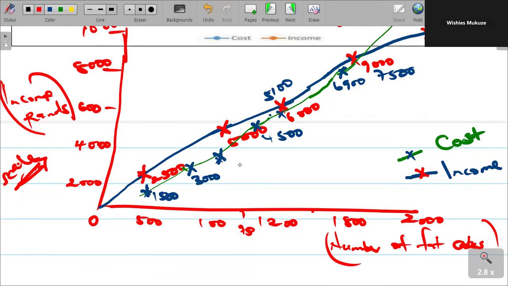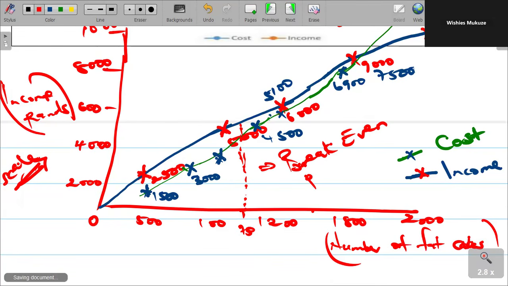So you go up on the graph and see the point where the graphs are touching. It must show you whether that point is showing break even or not. Break even point.